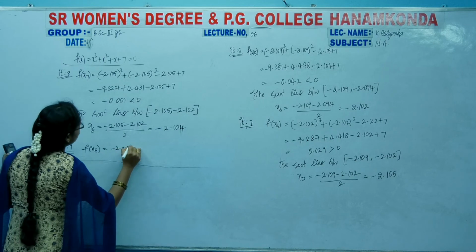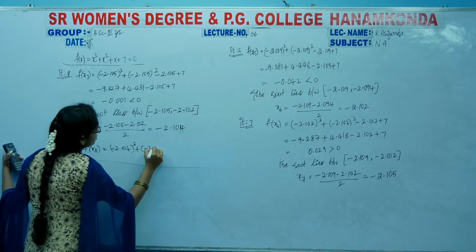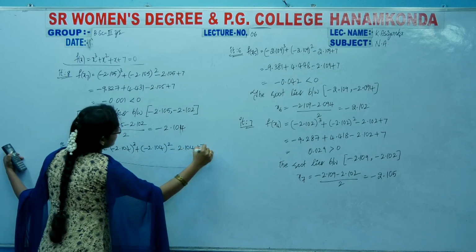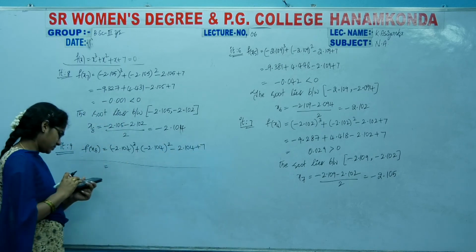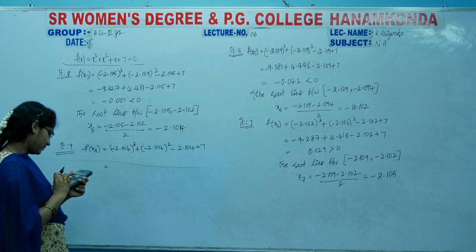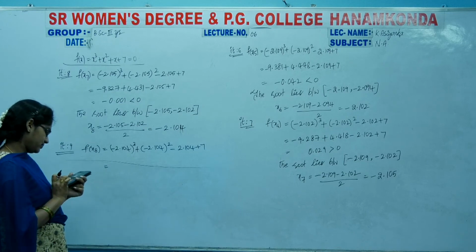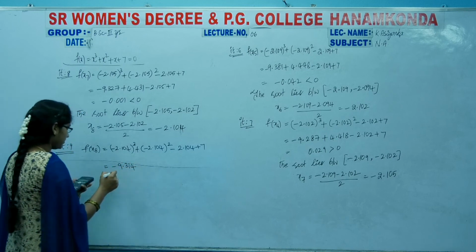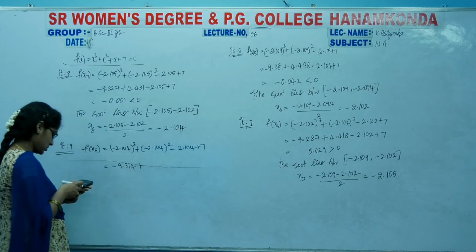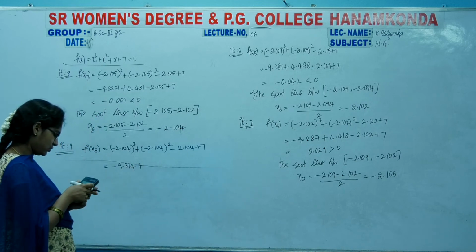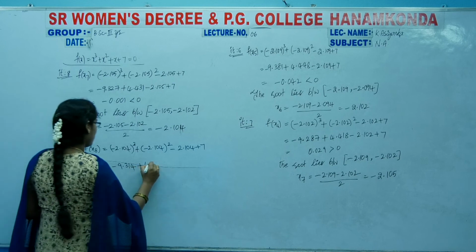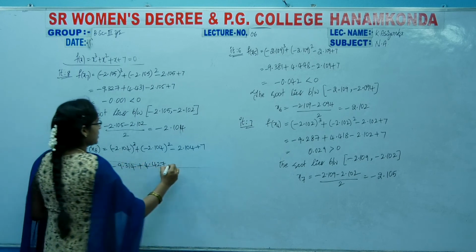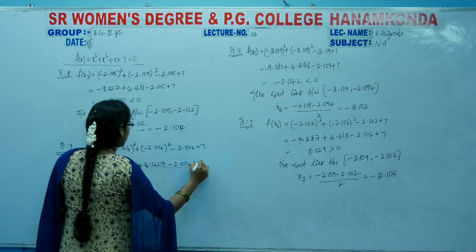Minus 2.104 whole cube plus minus 2.104 whole square minus 2.104 plus 7. Now 2.104 whole cube, now it is minus 9.314, plus 2.104 square, that is 4.4268 I have, I am taking 7 minus 2.104 plus 7.